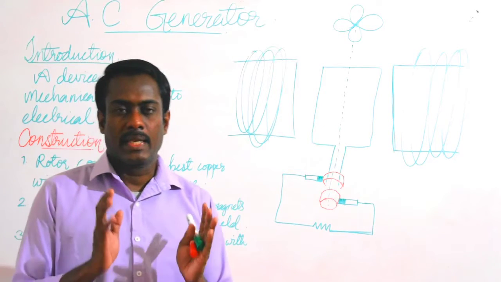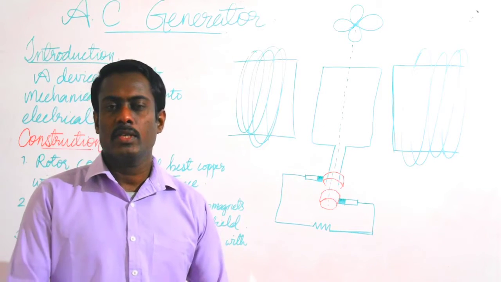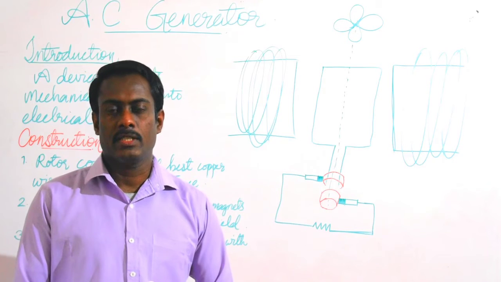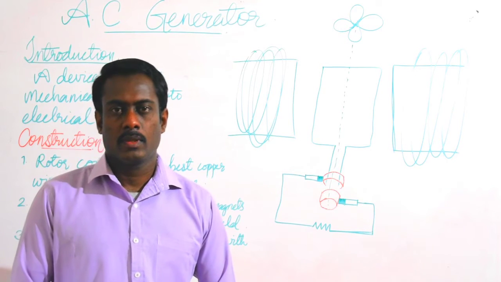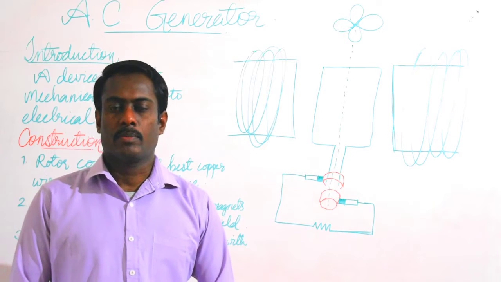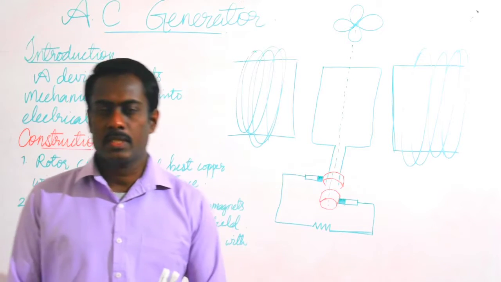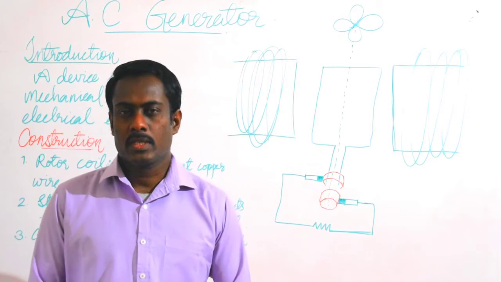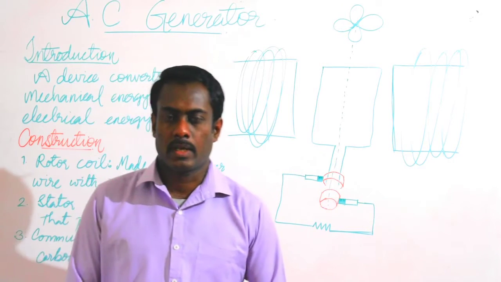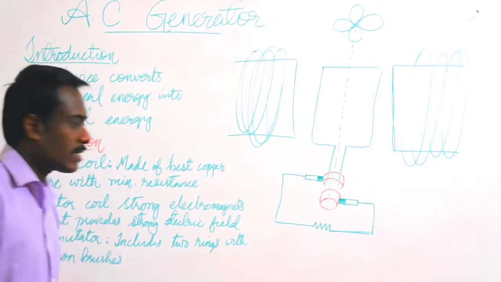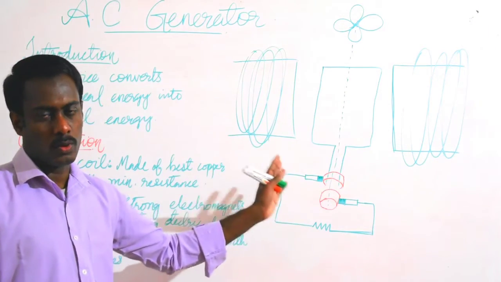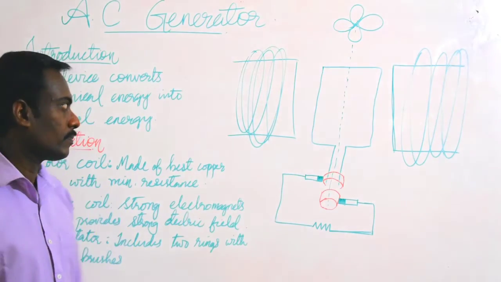The mechanical energy converts into electrical energy, and that electrical energy is put into use in our homes and our commercial requirements. Let's see how the current is produced and how it works, and let's look at the main components and parts of an AC generator.